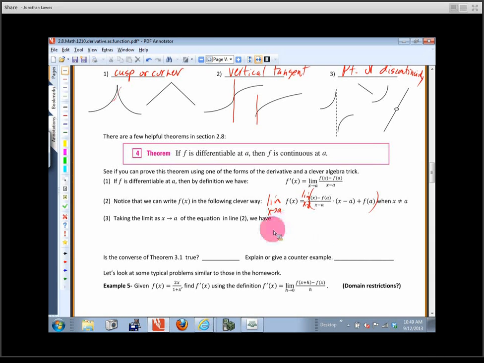So the limit as x approaches a of f of x equals, and now I'm going to use my limit laws, the limit as x approaches a of f of x minus f of a over x minus a, times the limit as x approaches a of x minus a, plus the limit as x approaches a of f of a.